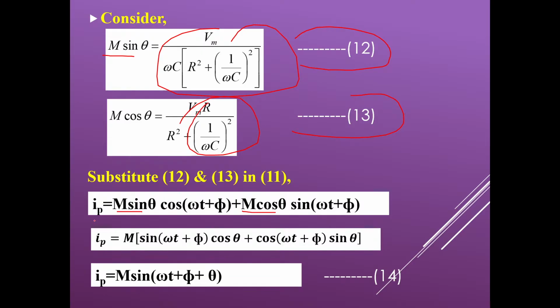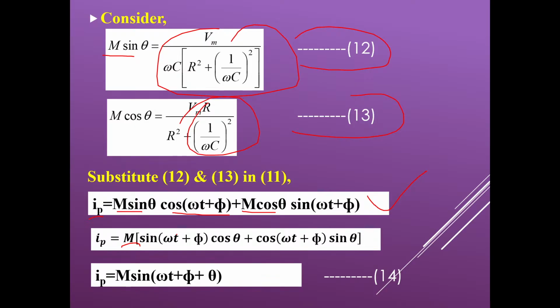So now our modified particular solution is Ip equal to m sine theta cos omega t plus phi plus m cos theta sine omega t plus phi. In this equation, you can take m common. Ip equal to m into sine omega t plus phi cos theta plus cos omega t plus phi sine theta.